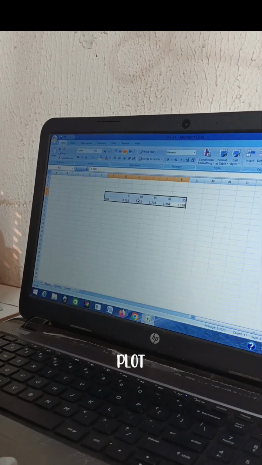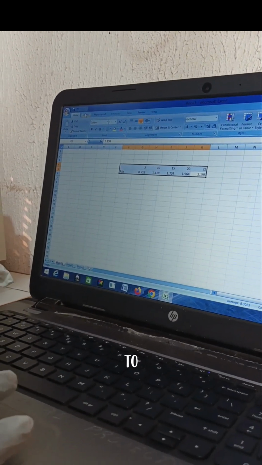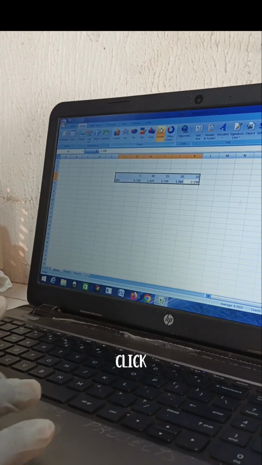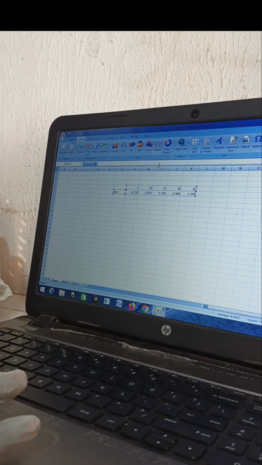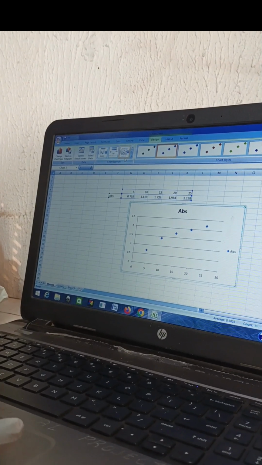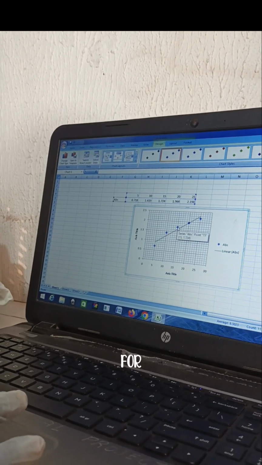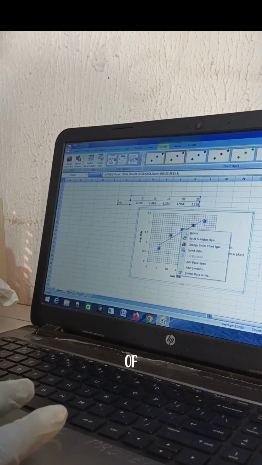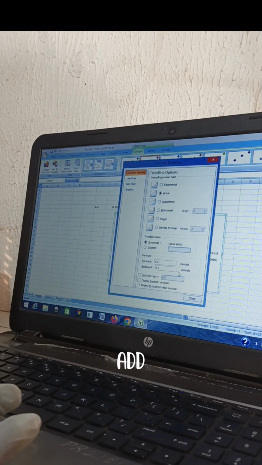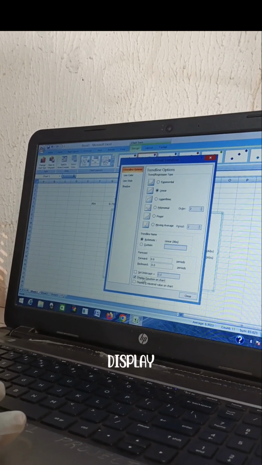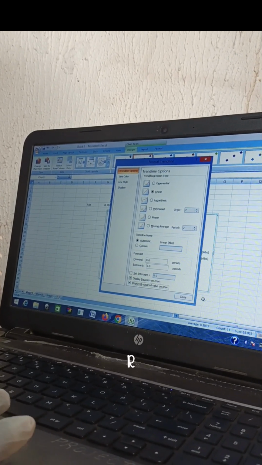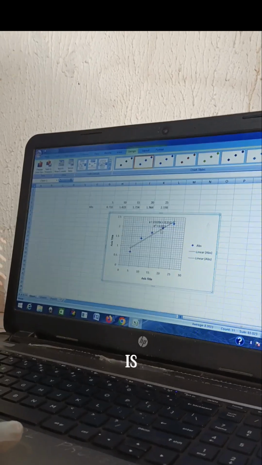Now I'm making this plot with Excel. I go to Insert, click on the scatter. And then for us to get the regression equation, we click on Add Trendline, Display Equation, and then Display R squared. Now this is our plot.